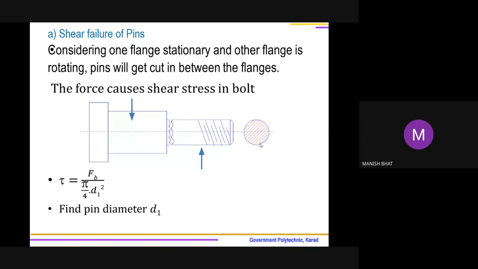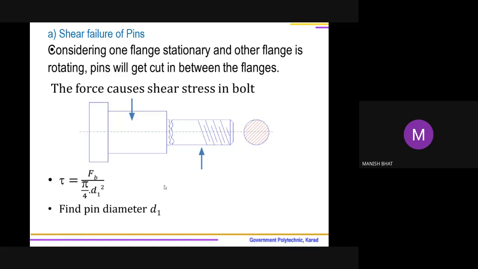So from this diagram we can find that tau is equal to F_B, the force coming on the bush or pin, divided by pi by 4 D1 square. D1 we have selected empirically. By using this relation, we will find out how much shear stress will be induced in a pin if we select D1 as the diameter of the pin.